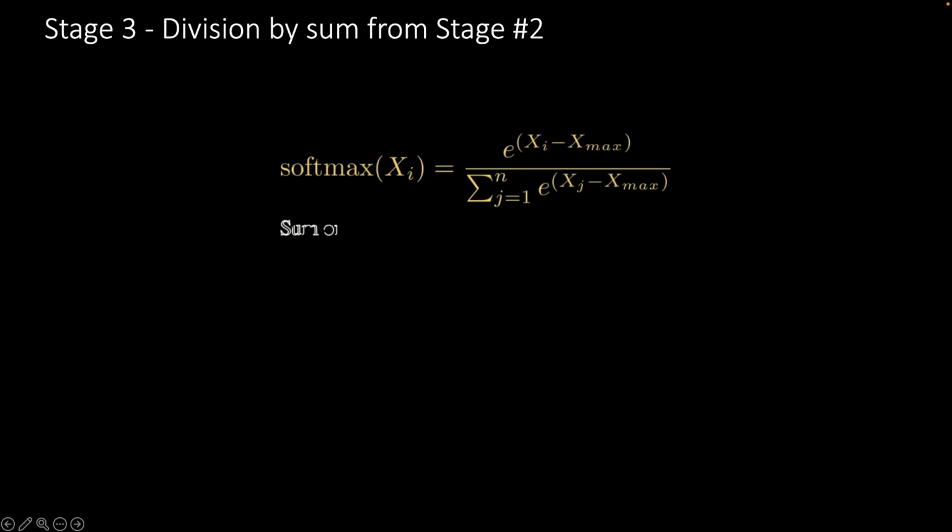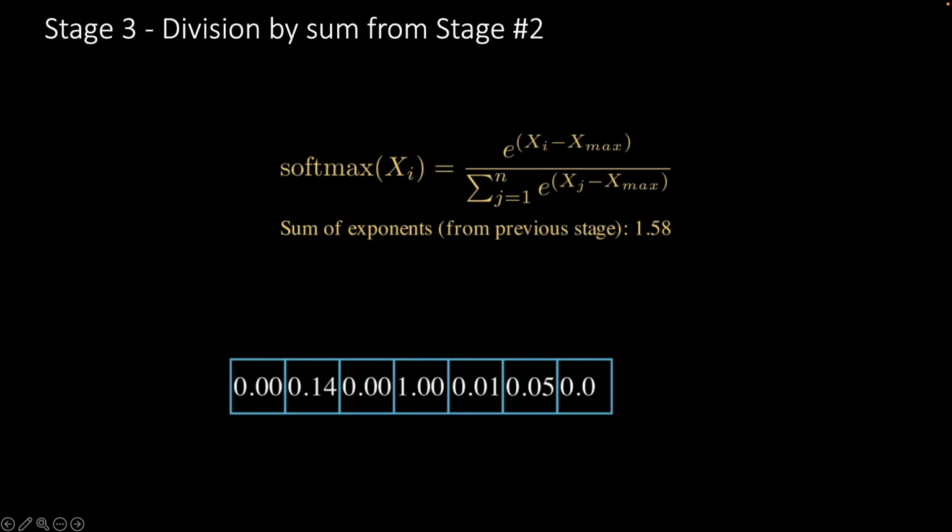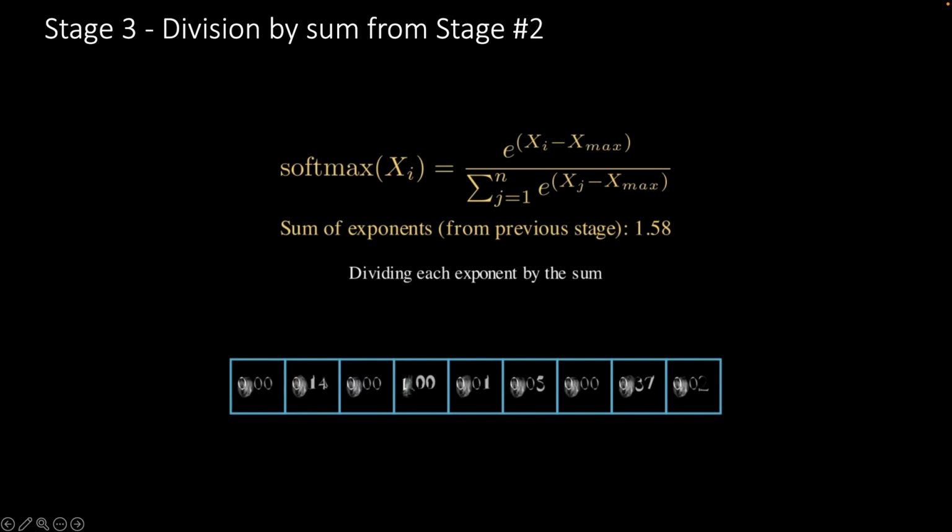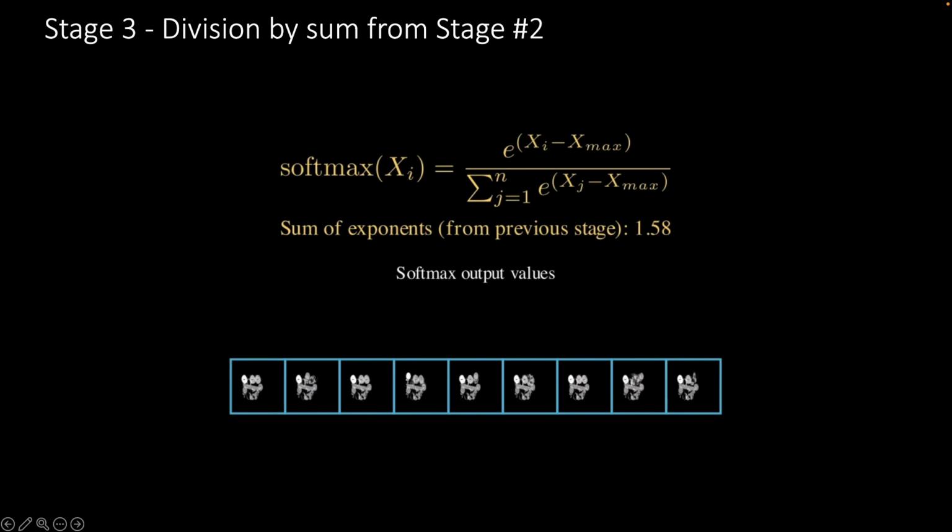Next, we need to divide exponent of the elements minus the max by the normalized sum that we generated in stage 2. Now note that on the third stage, we need to calculate the same expression as on the second stage, which is exponent to the power of the element minus the max.